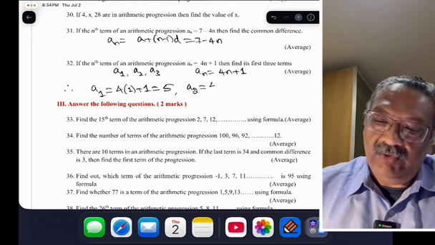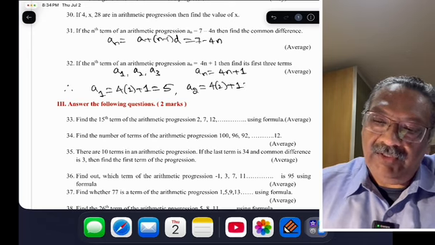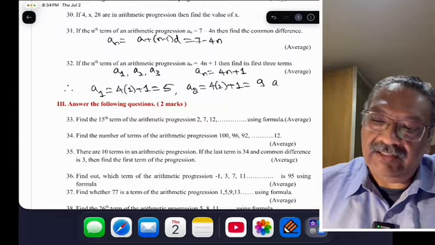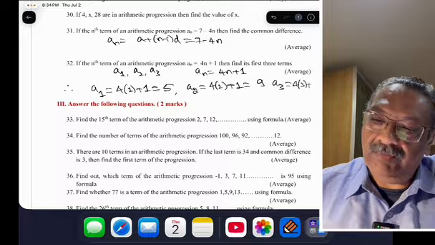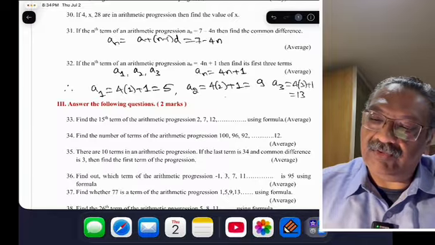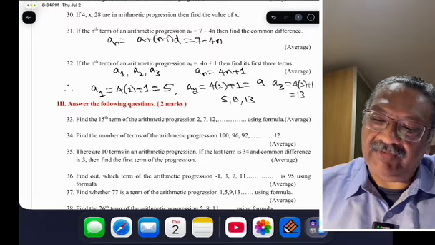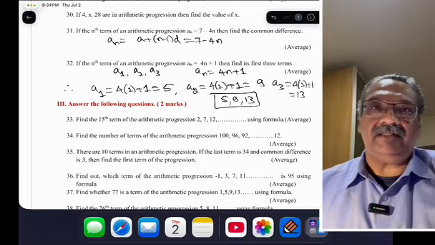Similarly, a2 is equal to 4 into 2 plus 1, which is 9. And a3 is equal to 4 into 3 plus 1, 4 threes are 12 plus 1, 13. So, the 3 terms are 5, 9, 13. This is the answer.